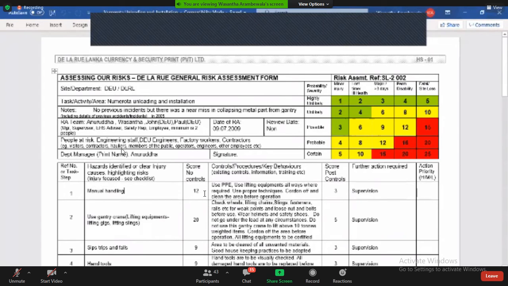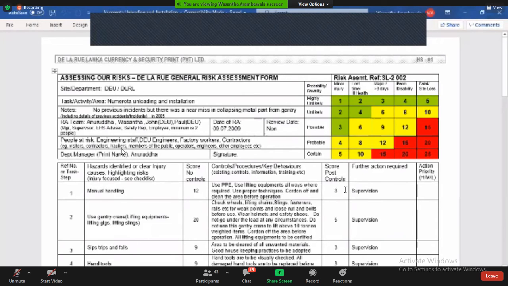Then the score without any control. Assume there's no control. What would be the score? What would be the risk level? Then what are the existing controls? If we follow these existing controls, what would be the risk level? If you follow the main existing controls, you will get down to this risk.